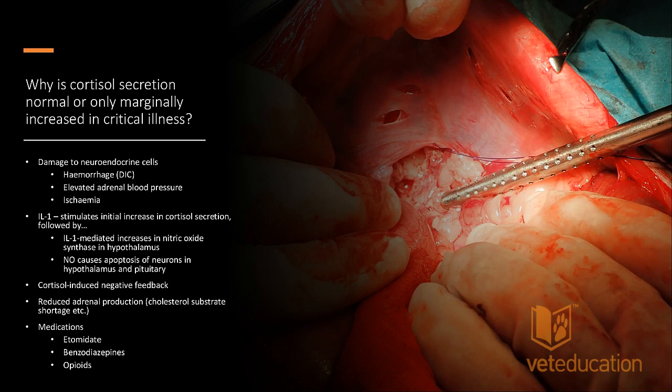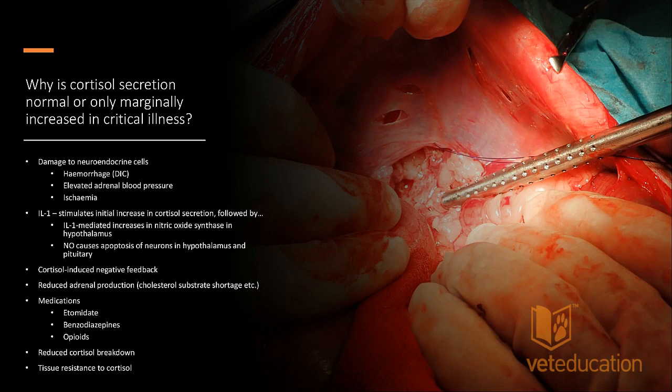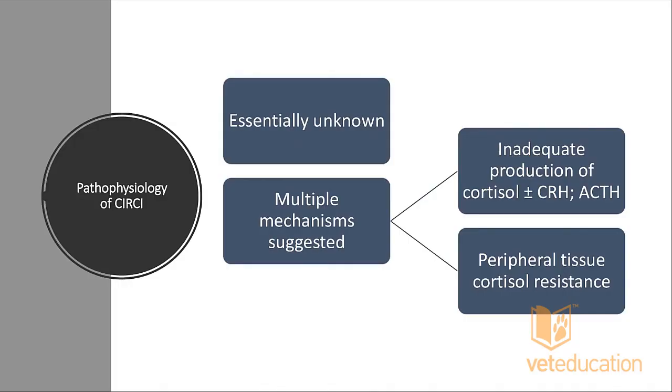We can get reduced cortisol secretion secondary to medications like etomidate, benzodiazepines and opioids. A lot of our critically unwell patients will be on opioid continuous infusions and also benzodiazepines. And we can also get an increase in tissue resistance to cortisol, and a reduced cortisol breakdown.